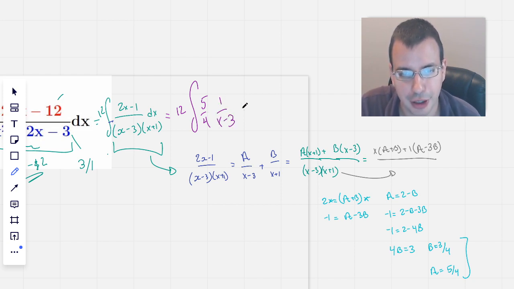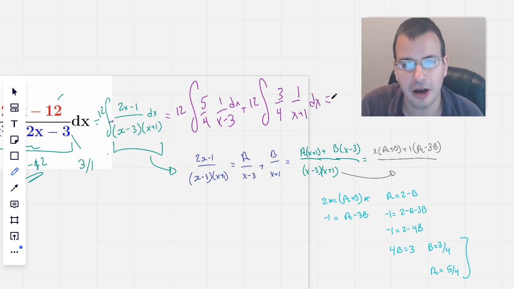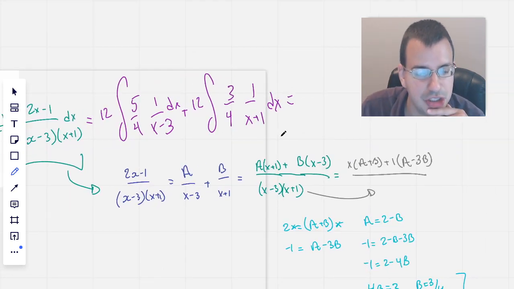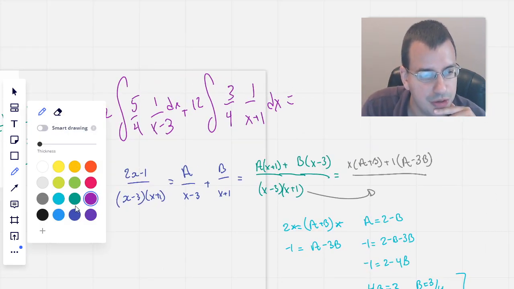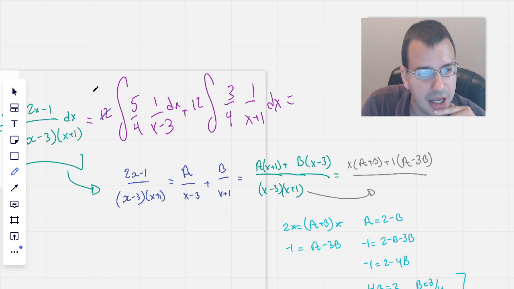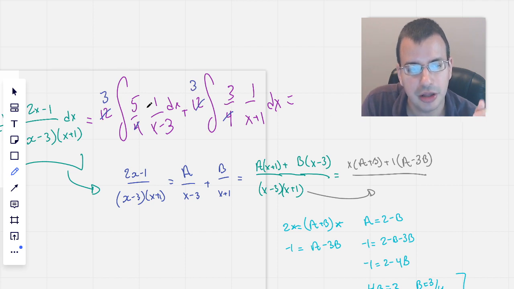I just moved the A over there. Plus, and I'm going to break these up a little bit, B is 3/4, so we have 3/4 times 1 over (x plus 1) dx. Now, these would be solved by substitution, but first I'll cancel some of these out. 12 divided by 4 is 3.